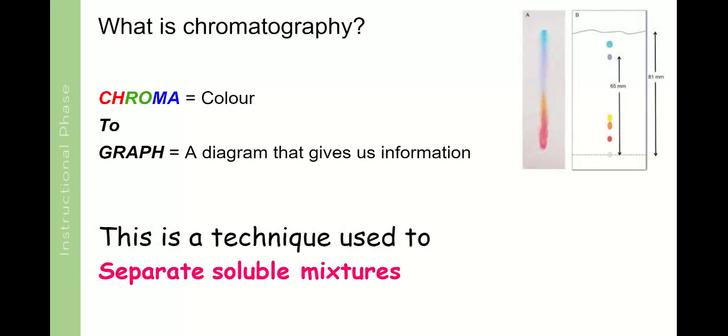So chromatography is a technique used to separate soluble mixtures, and this is our result we get once we've separated a soluble substance. Okay, we get a chromatogram, which is a type of graph that shows us the substances separated in a dye, a soluble dye.